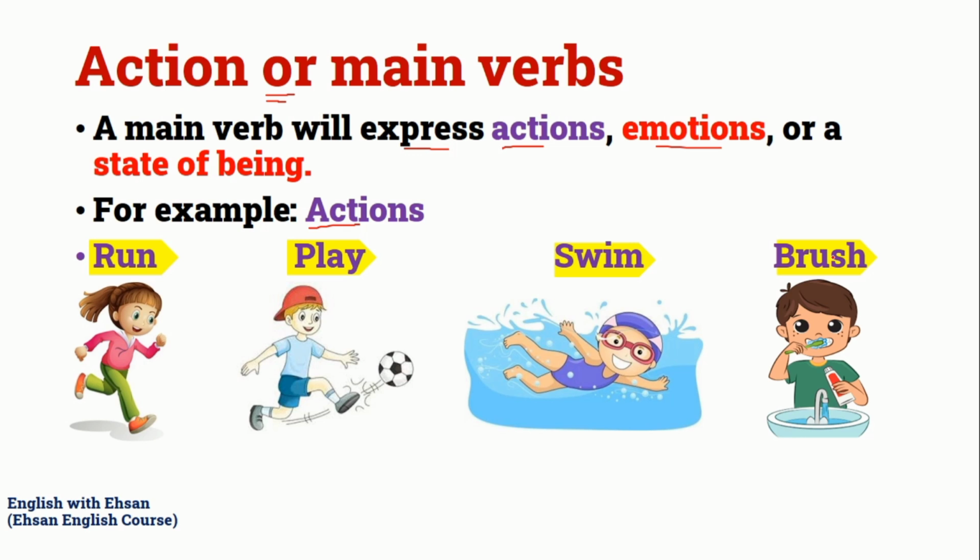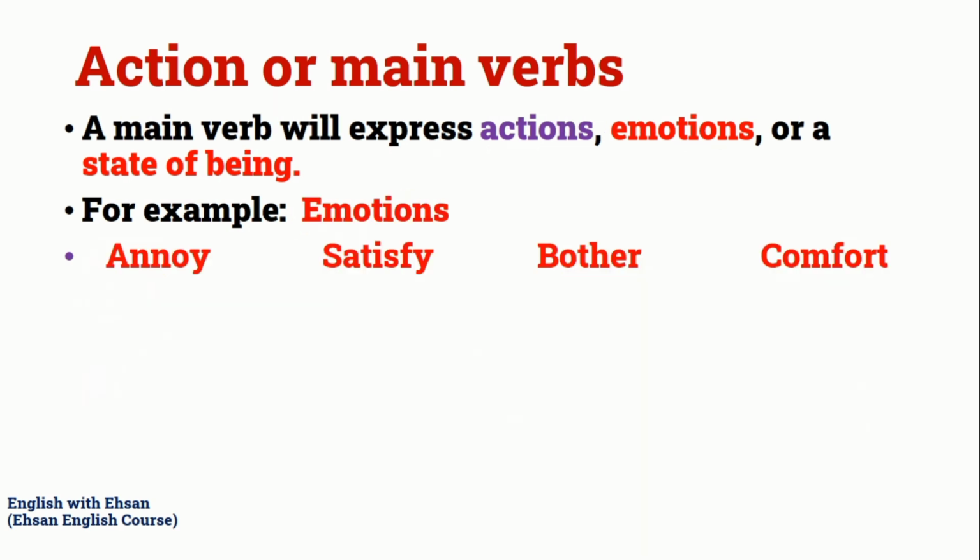And now we are going to talk about the emotions, and here we have some examples for that also, like we had for the action verbs. The first one is annoy, the second one is satisfy, the third one is bother or disturb, the fourth one is comfort.